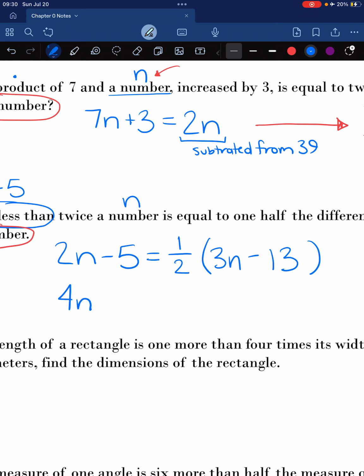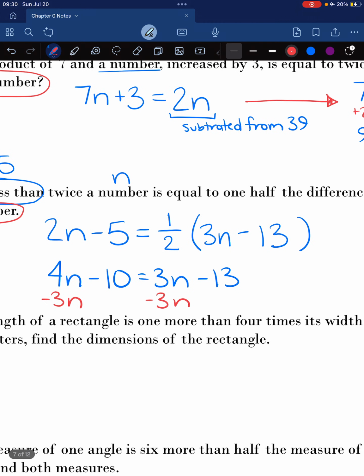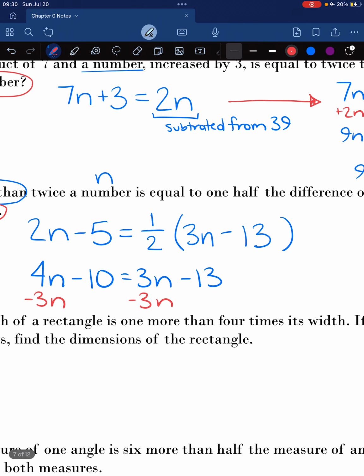Okay, I'm going to go ahead and multiply everything by 2 and distribute that on the left-hand side here. Going to subtract 3n. And here's where, just depending on how comfortable you are, you might start making mistakes if you do too much at once. I know I'm going to subtract this 3n. I also know I'm going to end up moving this 10, so maybe I'll do that right now.